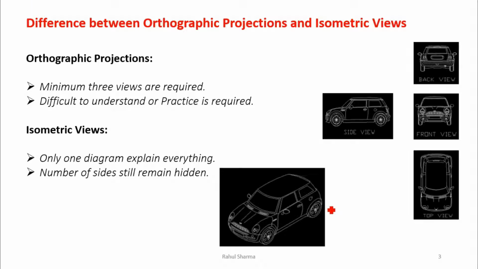Means if I have to say how it is looking from the side view, how it is looking from the bottom view, how it is looking from the back view, all those are still hidden. In orthography, in industry we draw 6 views to explain the shape of the object, but in isometry we draw only one diagram which will give you 3 views, right? Now this is the difference between orthography and isometric.